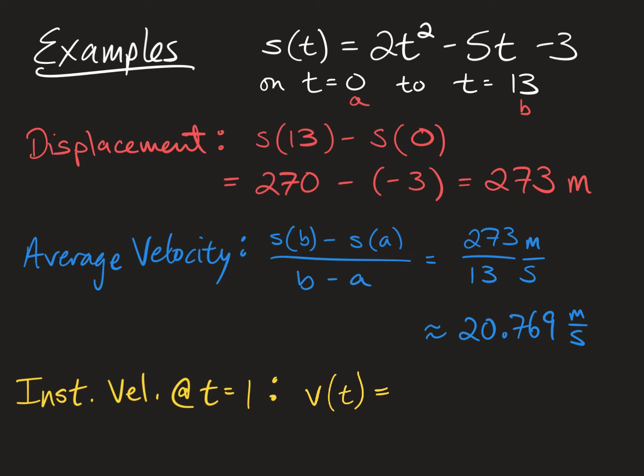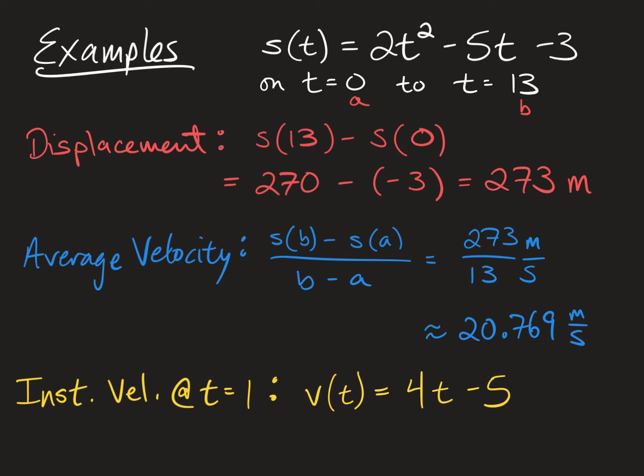And since we have access to the power rule now, we can go ahead and use the power rule to find the velocity function of 4t minus 5. All right. So if we substitute 1 in for t, we will get the instantaneous velocity at 1 second.